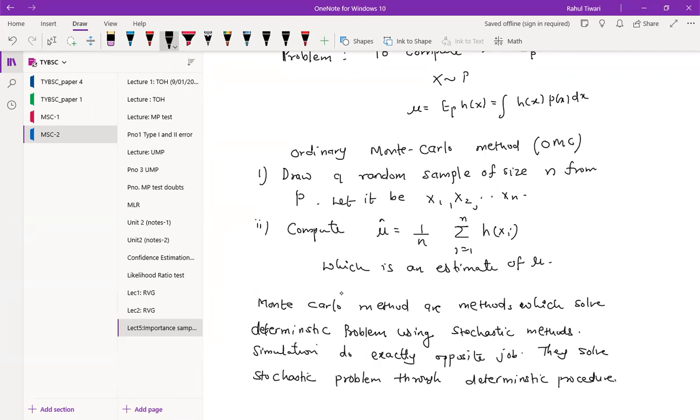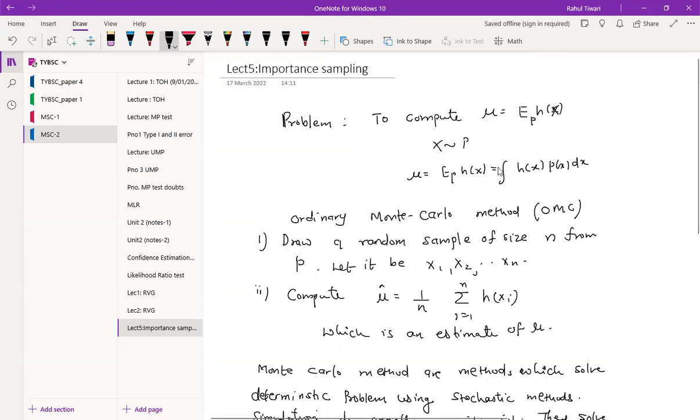So what I'm trying to conclude here is, if you just look at this expression, this is basically your deterministic problem. It has only one solution. It's not like one student will get one answer and another student another answer. No, because it is integration, so it will always give me the same value.